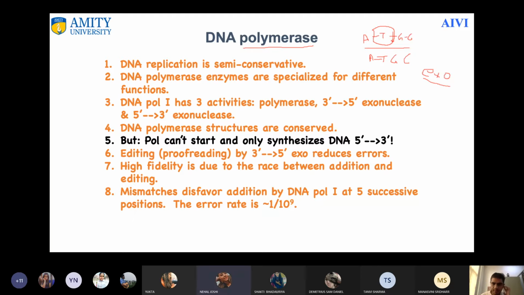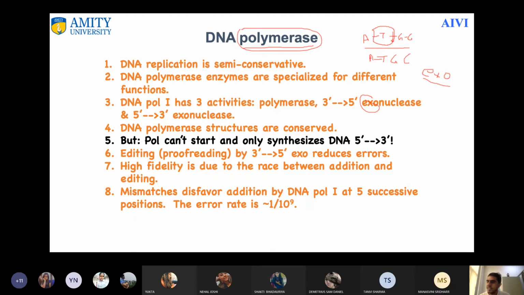Sir, exo cleaves at the end of the DNA and endo cleaves within the DNA. Yes. The DNA polymerases have the exonuclease activity. Exo means from the ends; they are not cutting within.